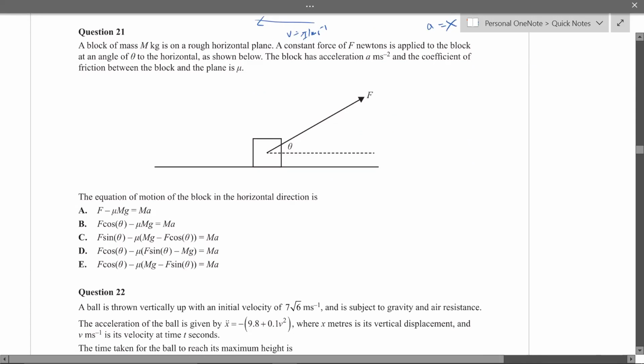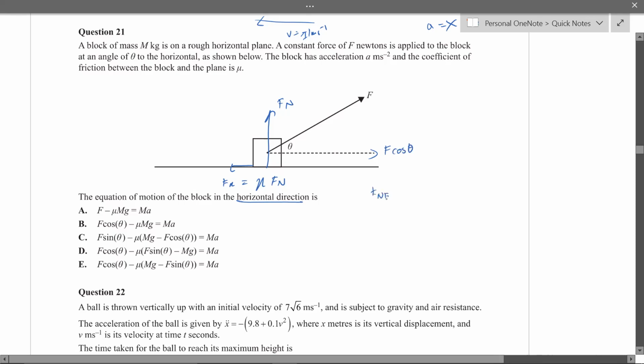Question 21, so equation in the horizontal direction, so this way. There is a friction force, and friction is mu Fn. And this would be F cos theta.